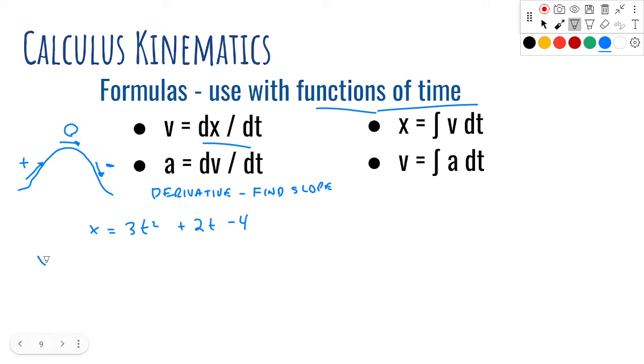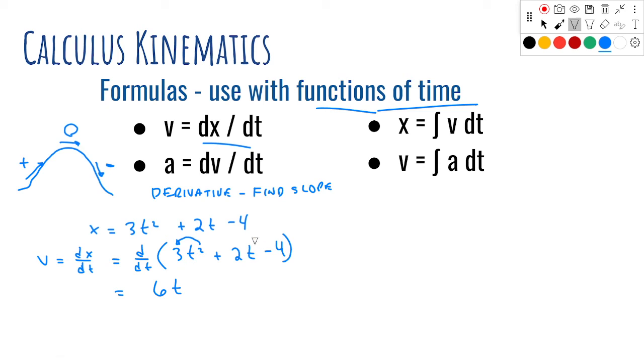Let me show you what that looks like. V equals the derivative of x with respect to t. In this case, I know that x is 3t squared plus 2t minus 4, and I just take the derivative of that. Here it's a real simple process. The derivative of a polynomial would be the derivative of each of the terms, and I do this little funny thing where I take the exponent and multiply by the coefficient, so that would be 3 times 2 or 6t, and the exponent goes from 2, drops down to the next one, 2 down to 1, so there's really a t to the first or just t there.